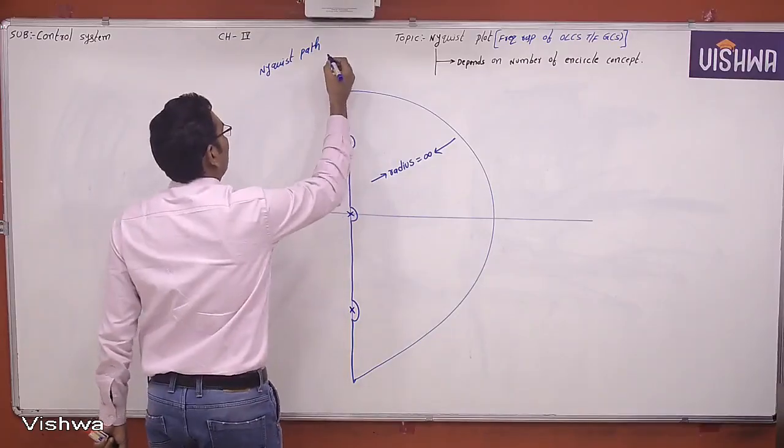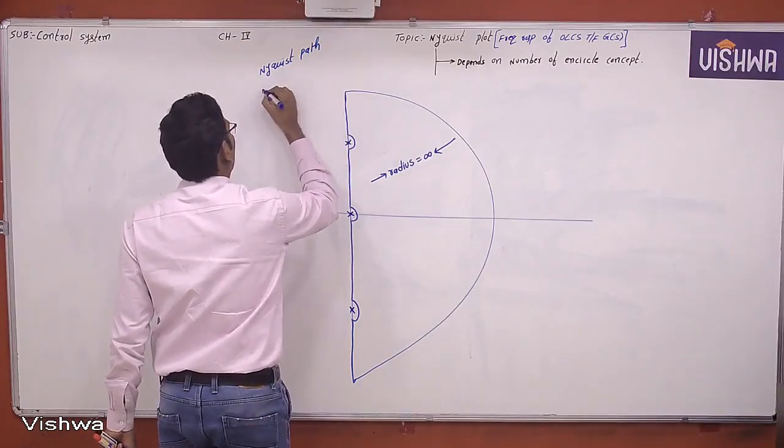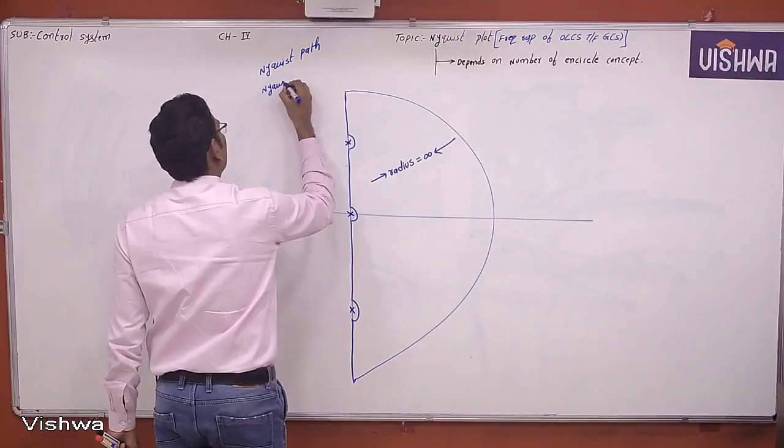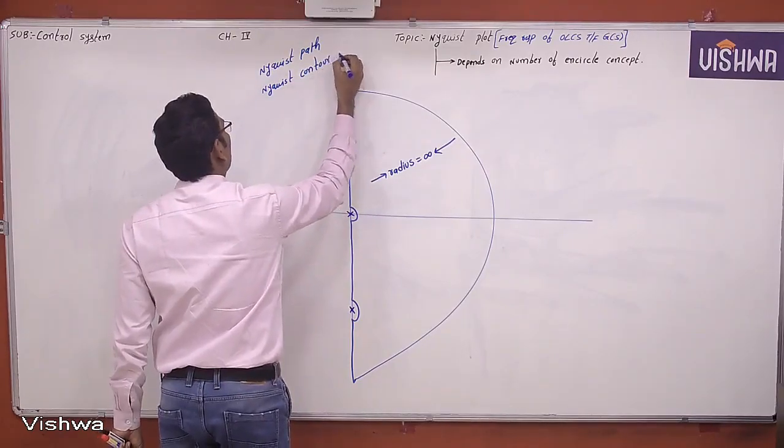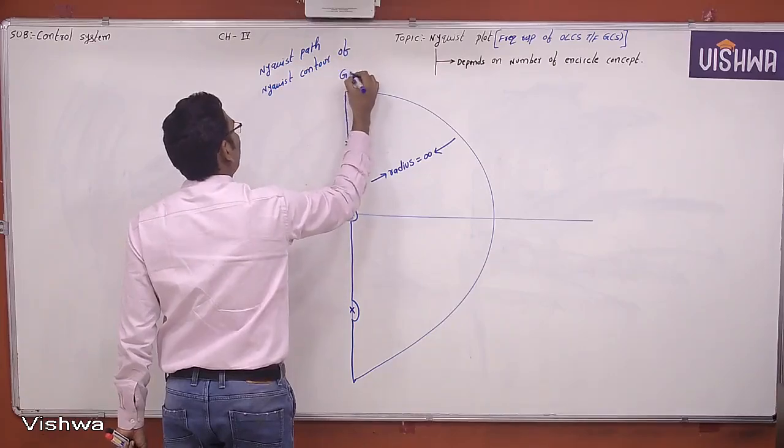This is the Nyquist path, or let us say the Nyquist contour, of an open loop transfer function.